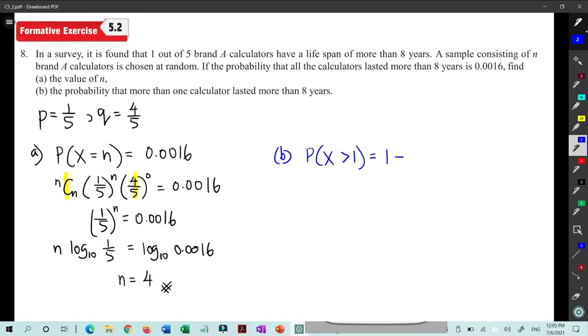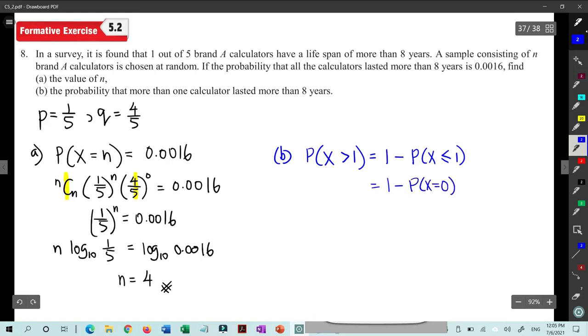alternatively do 1 minus P(X equals 0). Basically at first it becomes 1 minus P(X less than or equal to 1). So P(X equals 0) and P(X equals 1), you have to subtract from 1.